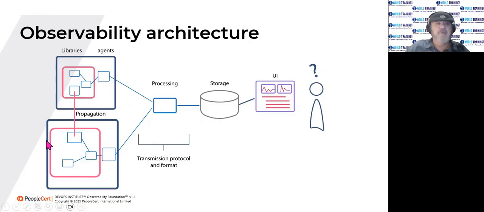You may have multiple applications where you've got one application as the root and others as child spans. The red boxes really are the application, I guess, and what's being observed is the total package, with support from agents and libraries.